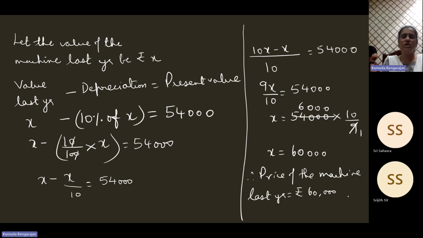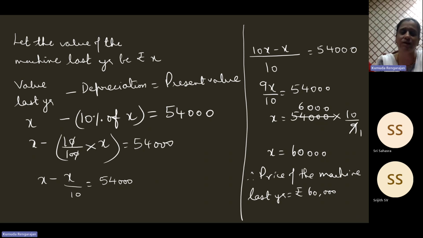The working may look elaborate, but the idea is very simple. See, we have three things here. What are the three things? Present value, depreciation, and we have to find last year's value. Present value is 54,000. Depreciation is 10%.